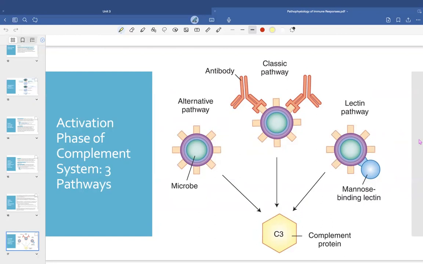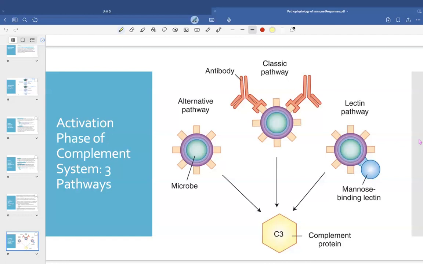The microbe itself can directly activate complement, or get that MBL that can bind, and that combination can activate complement. So the next phase would be the amplification.